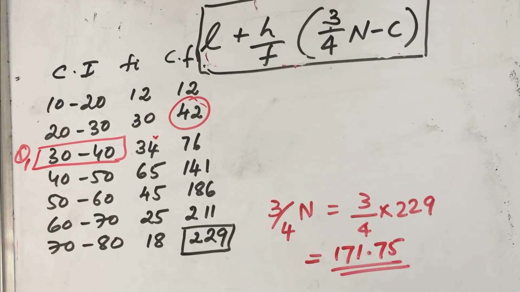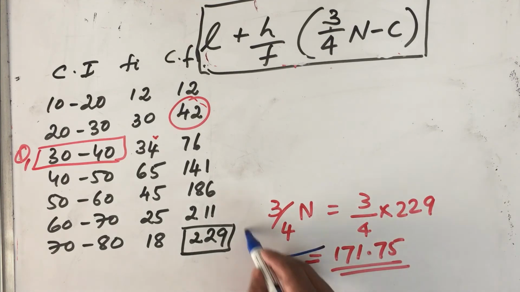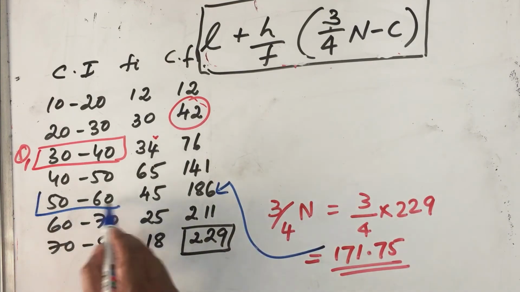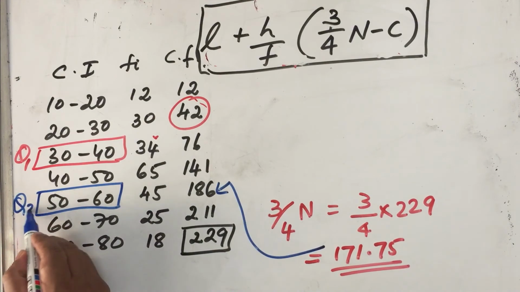In order to find the quartile class, we look for the cumulative frequency greater than 171.75. That is equal to this. So this is going to be the Q3 class.